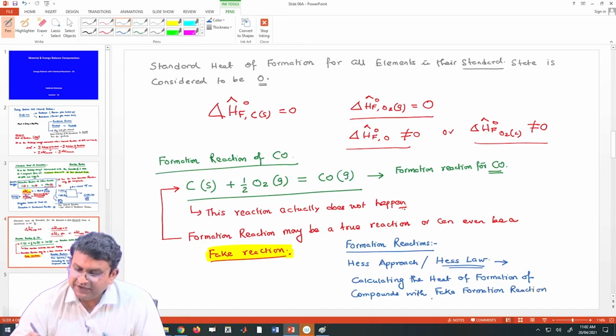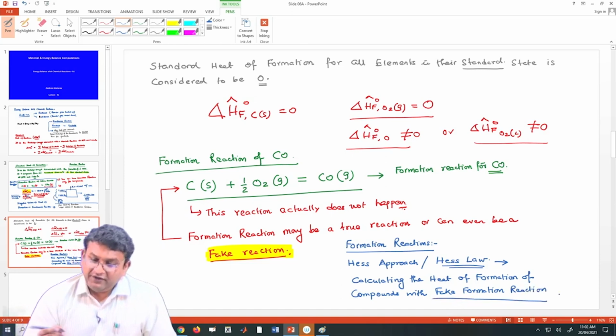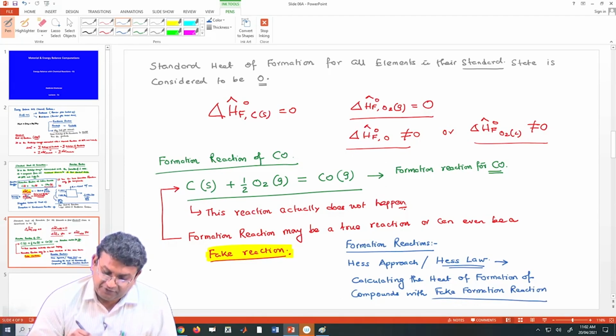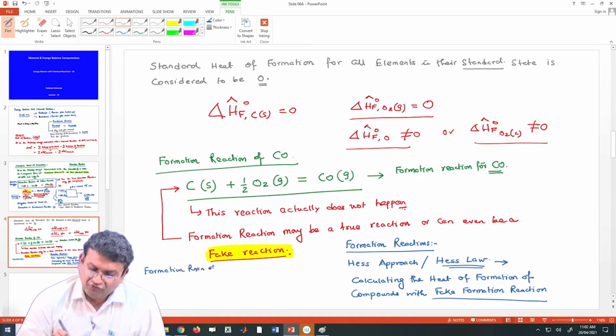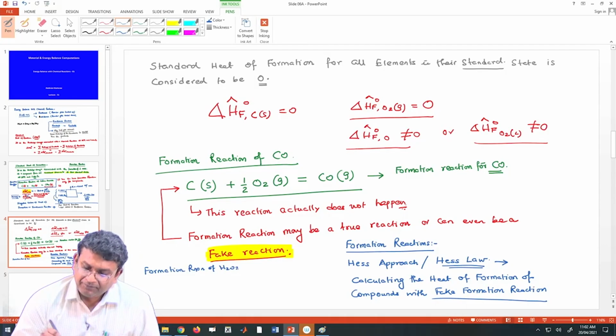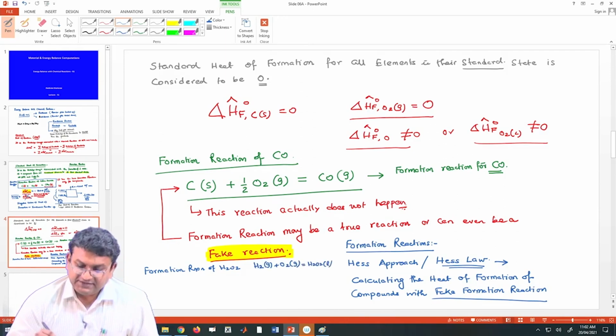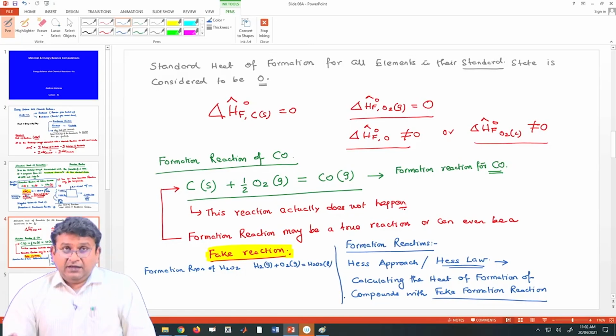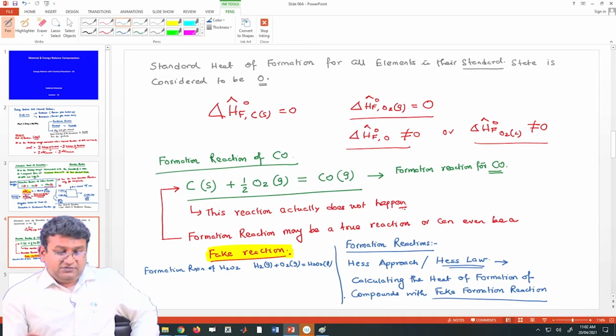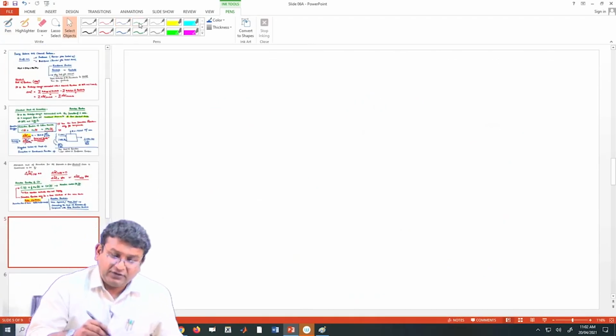And the list is pretty exhaustive. So, you can try to write down, for example, the formation reaction of H2O2, and it will be H2(g) plus O2(g) leading to H2O2(l), and stuff like that, right. So, quickly, before we finish today's class, let us have a quick look at Hess law.